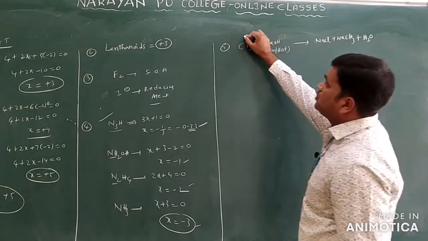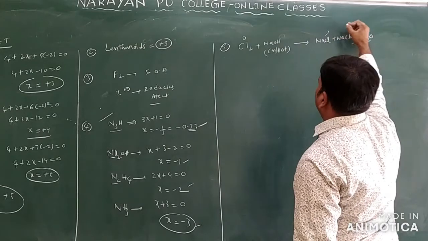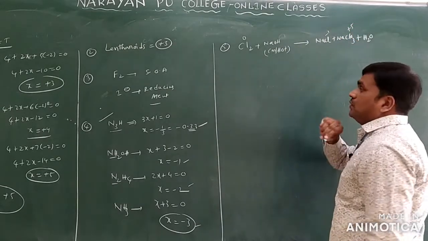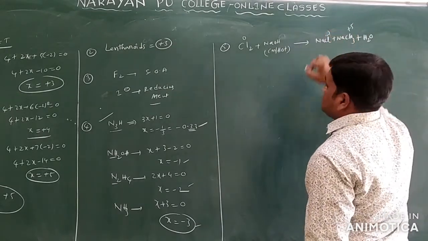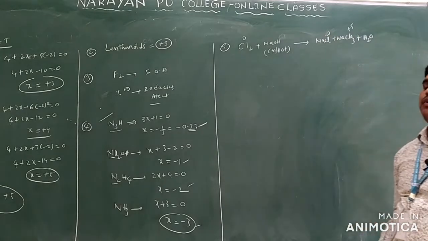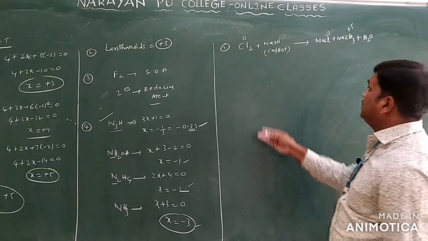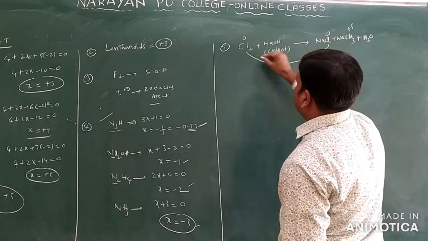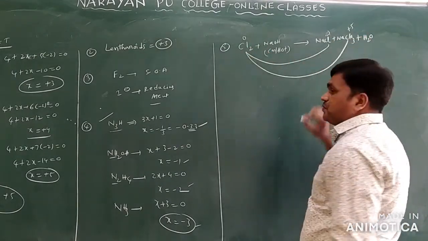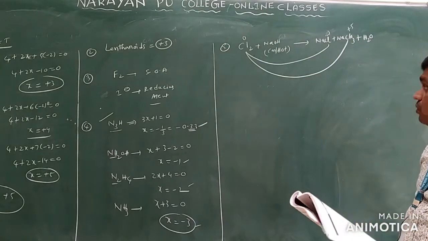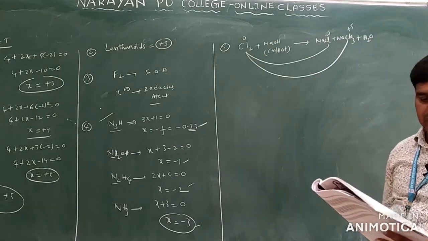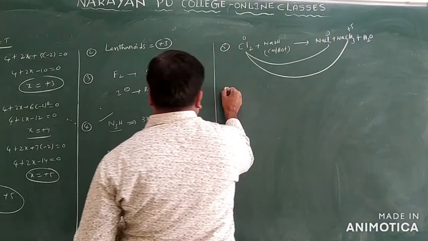Chlorine is 0 here, minus 1 in NaCl, and plus 5 in NaClO3. This equation was already discussed in the disproportionation reaction examples. So the chlorine oxidation number changes from 0 to minus 1 and 0 to plus 5. We take option 4 for this question only.